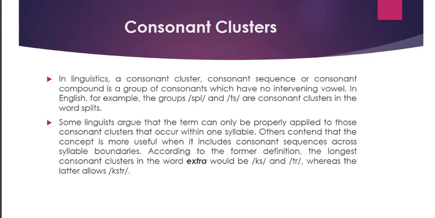So in order to make a new syllable, we insert a vowel. This in English, in linguistics, is called vowel epenthesis, okay? Vowel epenthesis. The epenthetic vowel is a vowel that is inserted into a word to make the pronunciation as comfortable as possible or as close to the pronunciation of our native language as possible.